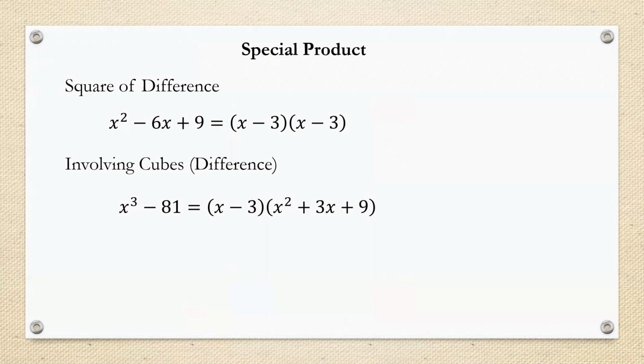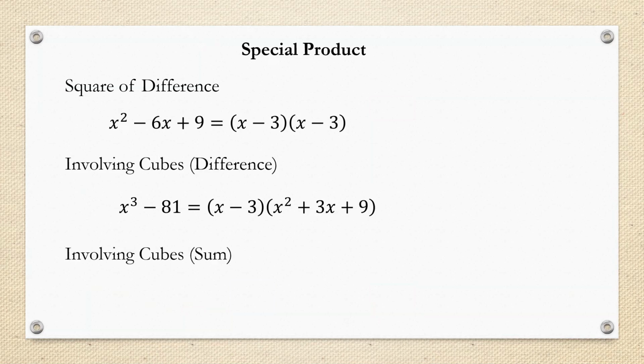So meaning, ang factor ng x cubed minus 81 consists of a binomial and a trinomial. Okay? So pag yan ay minatikmatik mo, yung x is dinistribute sa x squared plus 3x plus 9 and yung negative dinistribute sa x squared plus 3x plus 9, you will come up with x cubed minus 81. Okay? Please take note of that.